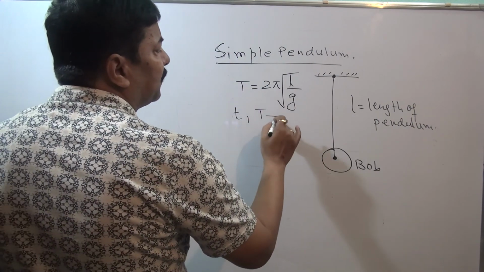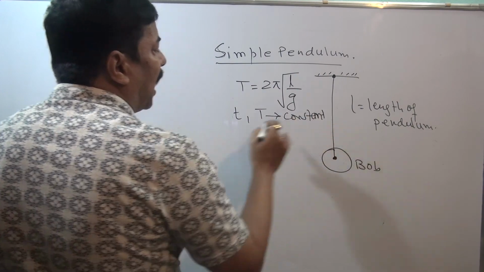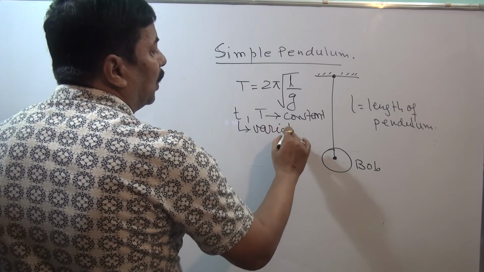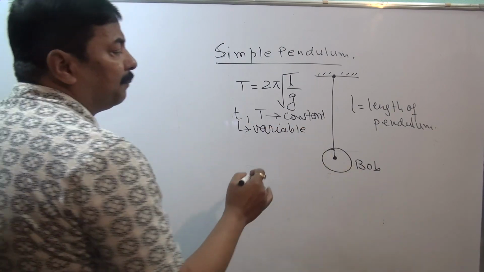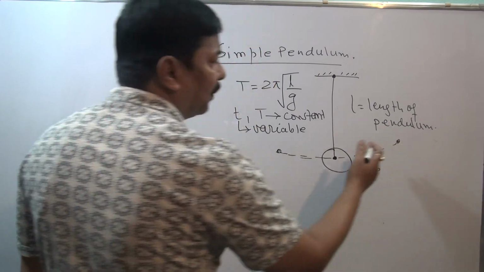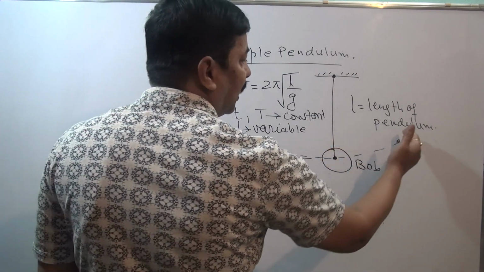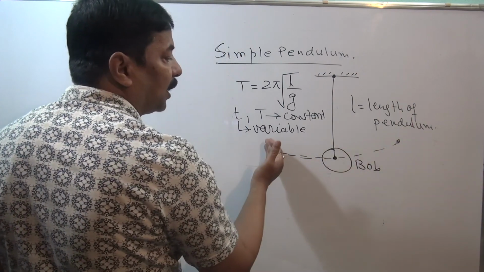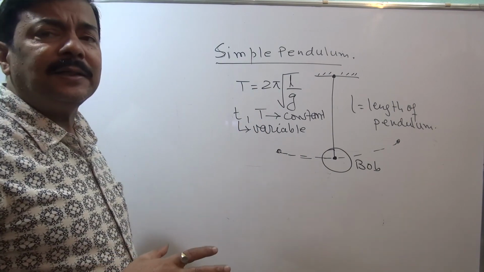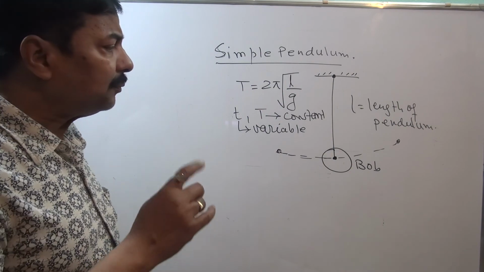This T is basically constant for a periodic motion and this t is variable. So what I mean to say is that if the bob is oscillating from here to here, and we start from here to here to here to here, this will give you one time period, and it is generally constant for a periodic motion.